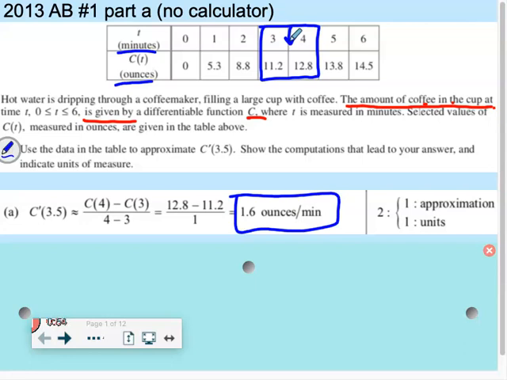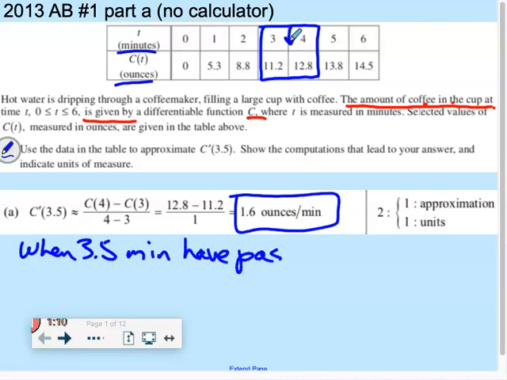Just for purposes of the video real quick, I asked students to explain the meaning of what this means, and here's your explanation very quickly. When 3.5 minutes have passed, so that's your input, always start with your input, then state what the function represents.